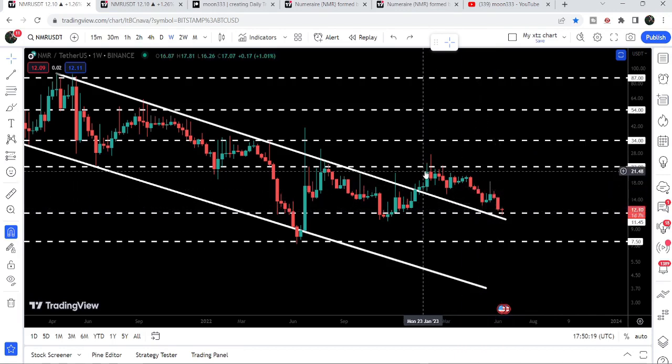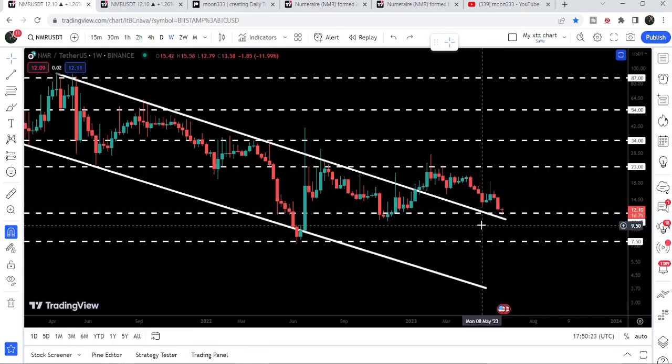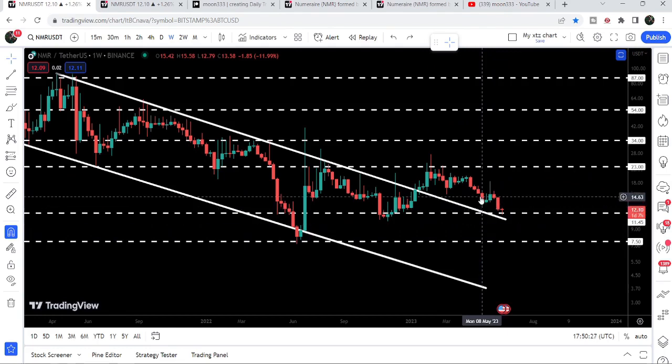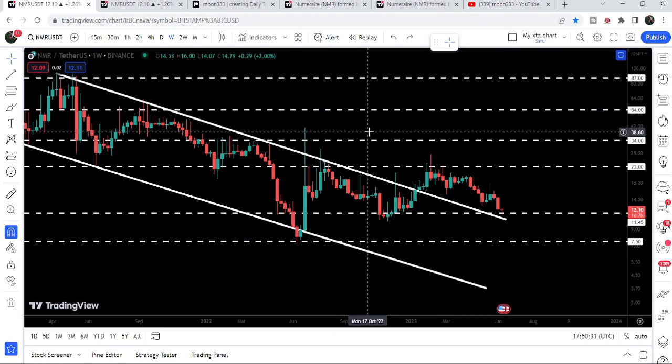However, it is possible that if the price line moves further down and forms another lower low, then this hidden bullish divergence can be removed from the charts, and the price line can even drop down to the next support. However, so far so good. We have this hidden bullish divergence on this weekly time frame chart. Therefore, there is a probability of a price reversal.